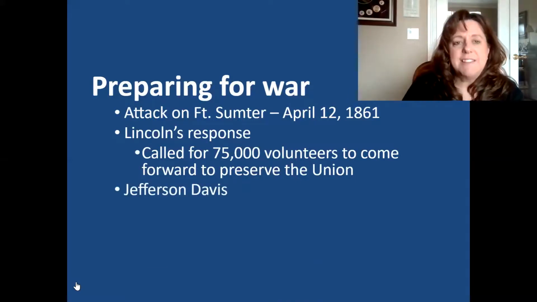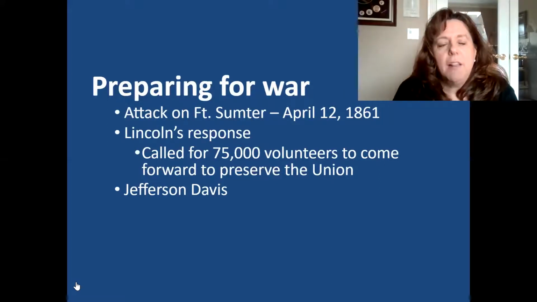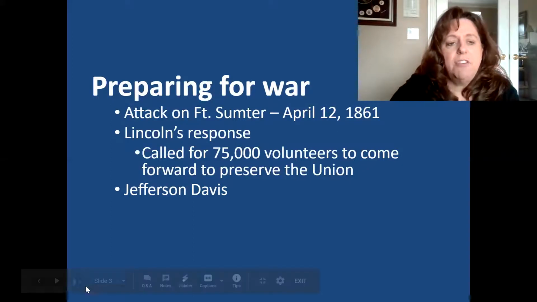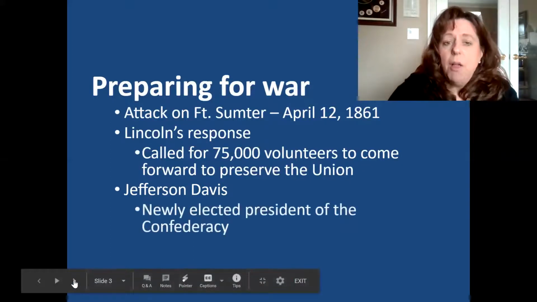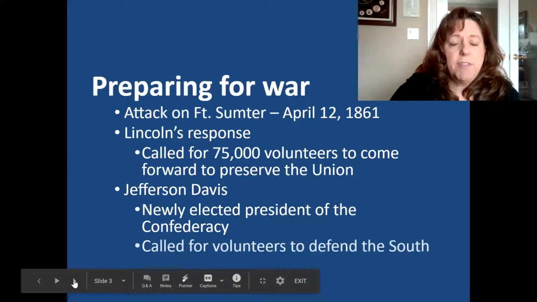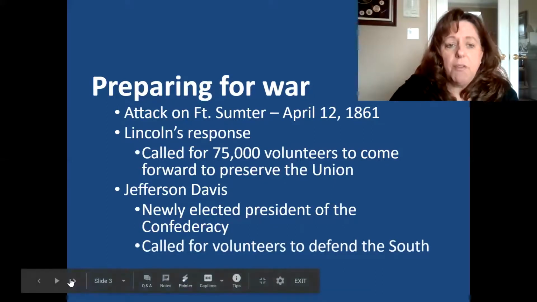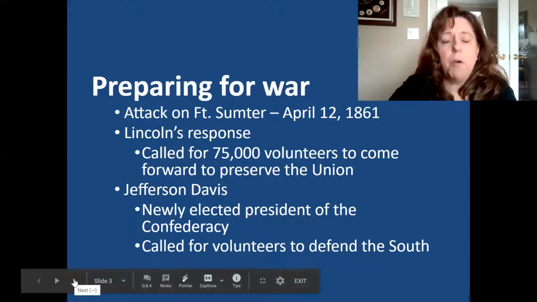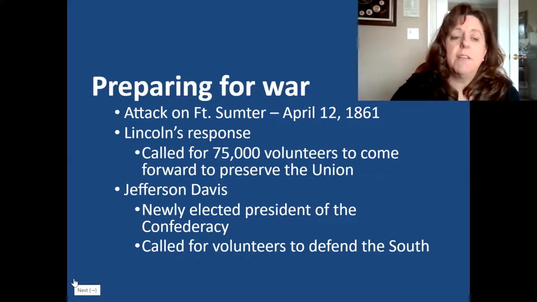Now, when the South seceded, when they left, they had to get their very own leader, and they elected this man, Jefferson Davis, to be the president of the Confederate States, to be the president of the South. And Jefferson Davis is also preparing for war. He was the newly elected president, and he called for volunteers to defend the South. So both sides are raising armies. That means that this war is going to happen.